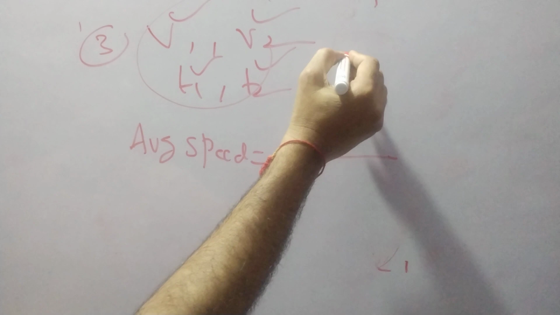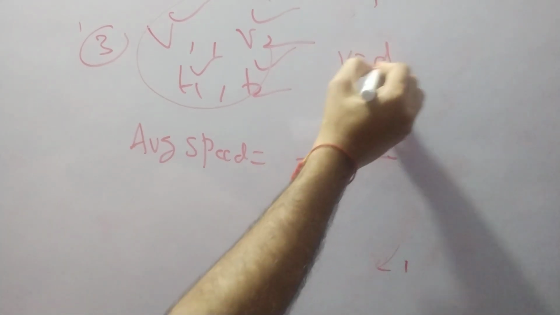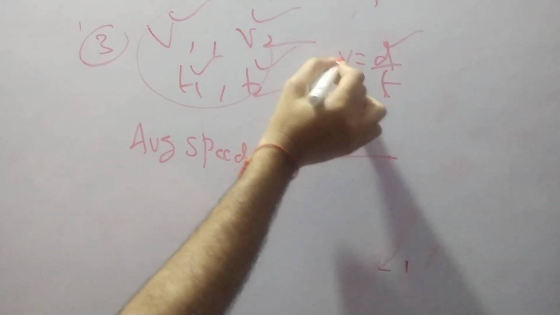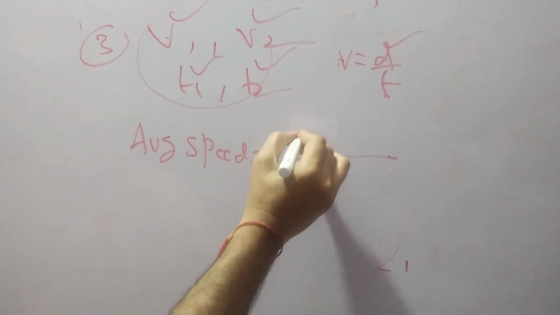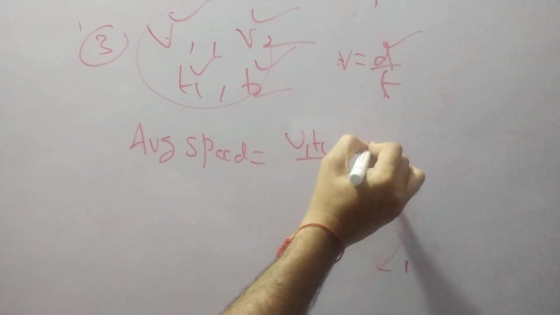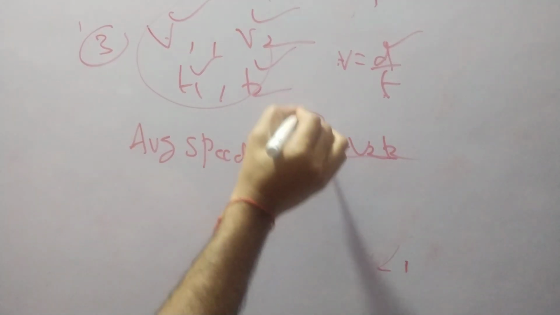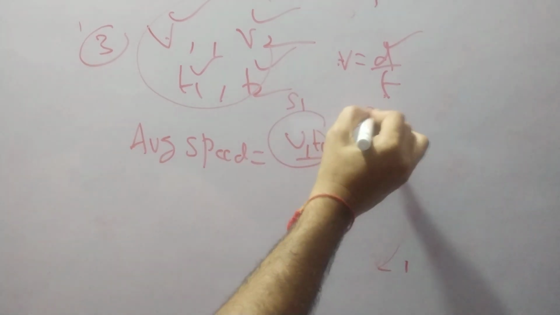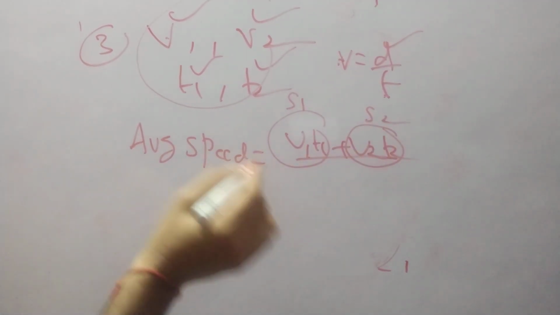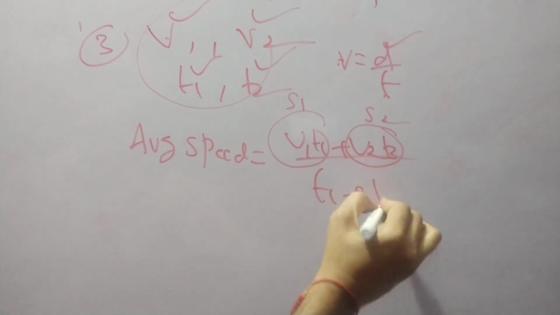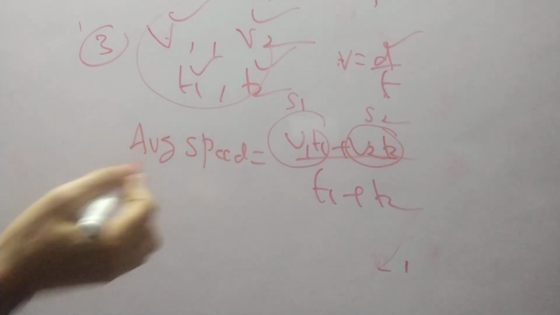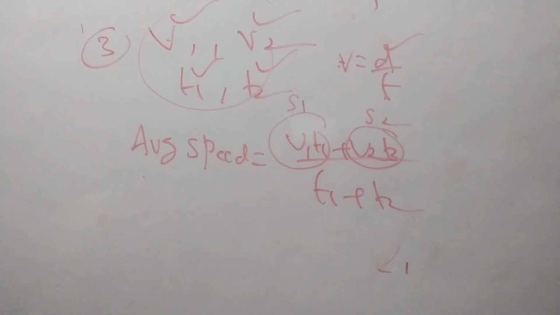Speed equals distance by time, so distance is speed into time. Your values will be v1 t1 plus v2 t2; this is the s1 value, this is the s2 value. So average speed is v1 t1 plus v2 t2 by t1 plus t2, where the denominator is the total time. Depending on the values you have to change, right?